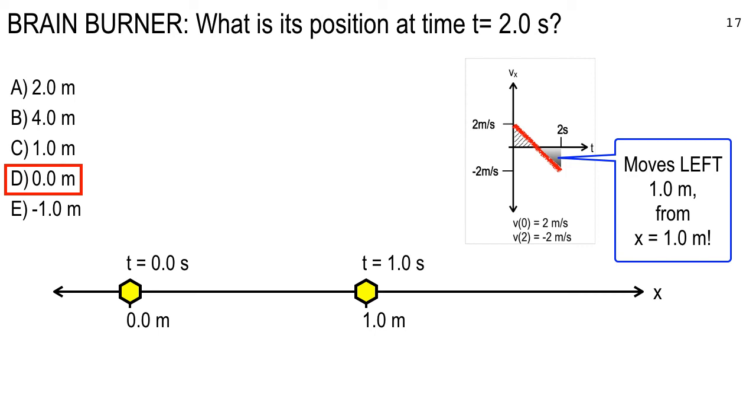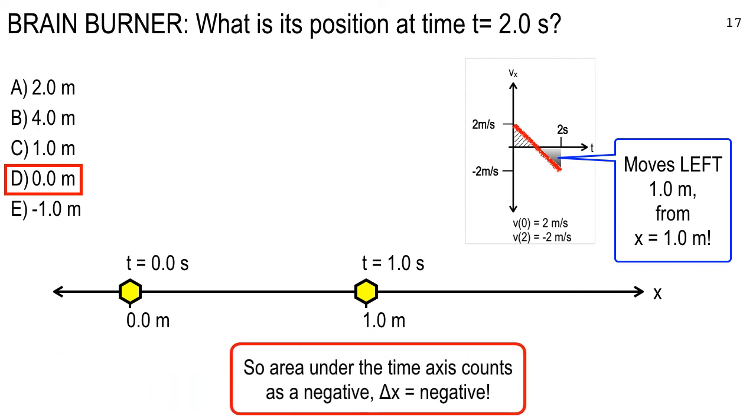And so that means that if your distance polygon is underneath the time axis, you count the area as a negative distance or a backup. All right? So you've ended up over here, back where you started.